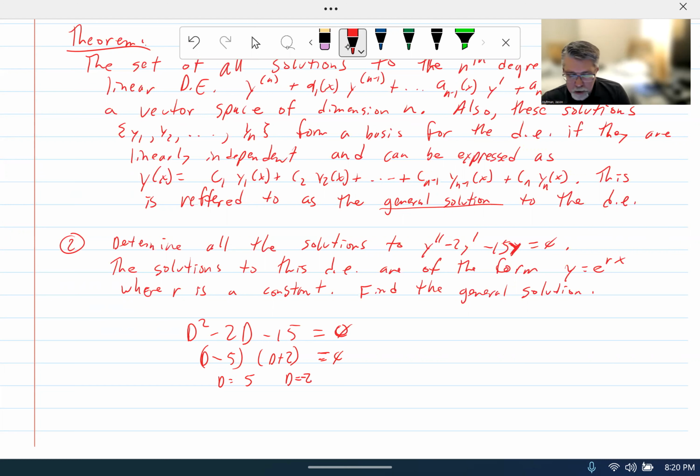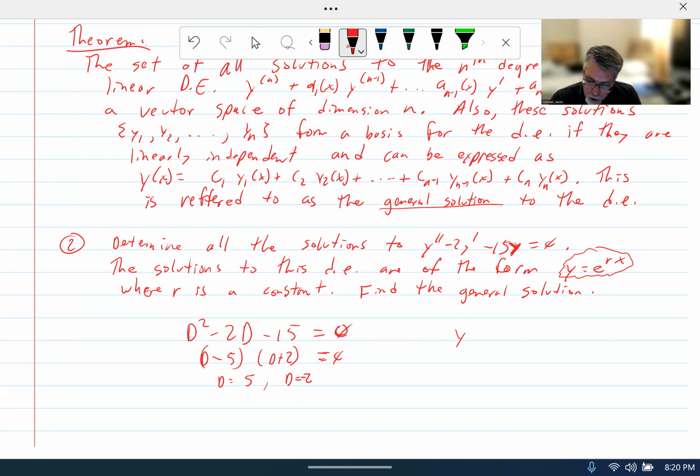And so the idea is that the solutions have this form here. So let's work with that real quick and see how these D's correspond to these guys over here. How's that going to help us?